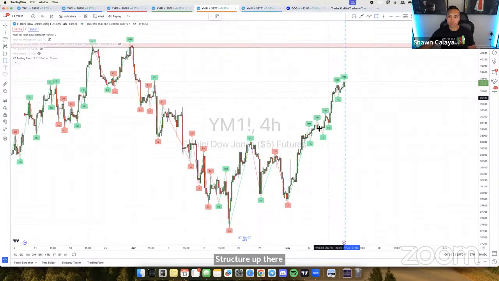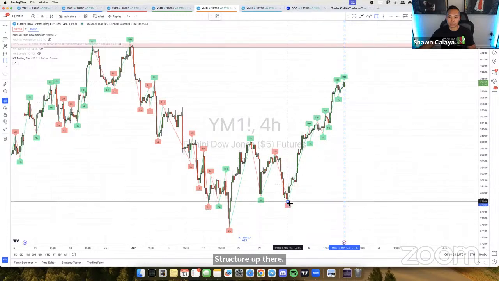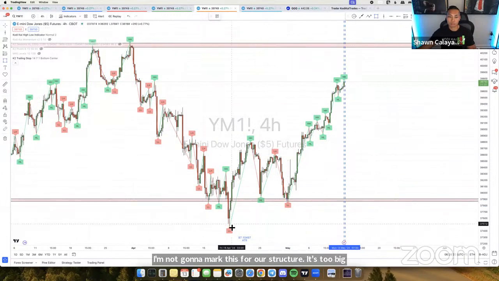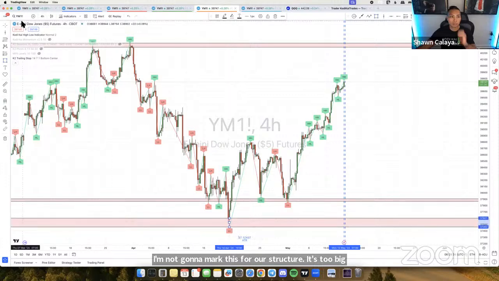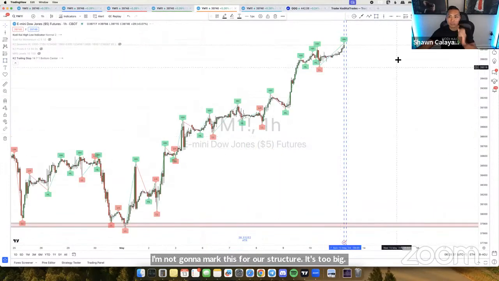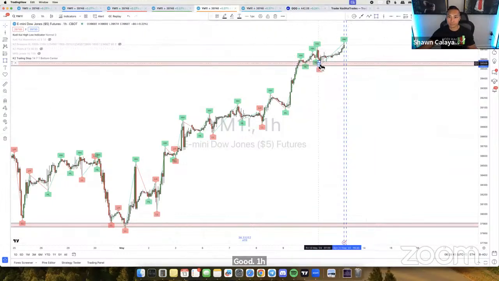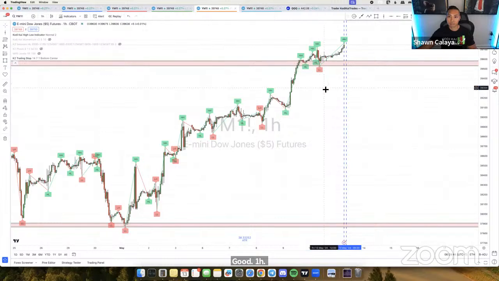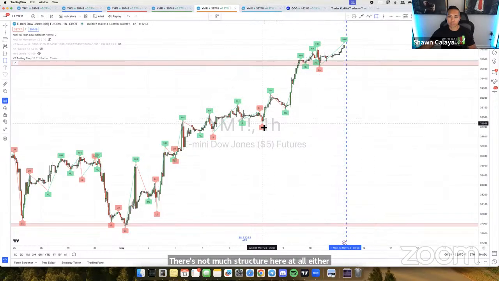I'm not going to mark this 4-hour structure. It's too big. Go down to the 1 hour. I mean, there's not much structure here at all either. Lower structure.